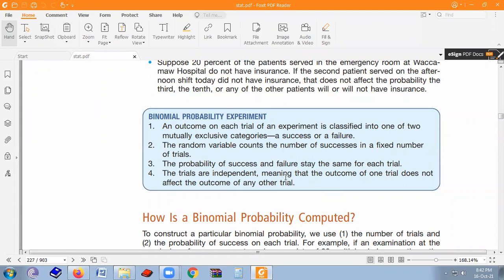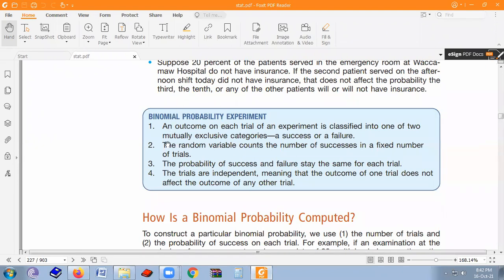That means প্রথমে কয়েন টস করলাম হেড আসলো, এরপর আবার কয়েন টস করলাম হেডও আসতে পারে টেল আসতে পারে। প্রথমে হেড আসছে বলে যে পরে আর হেড আসতে পারবে না এরকম কন্ডিশন নাই। দ্যাটস হোয়াই দিস ট্রায়ালস আর কল্ড ইন্ডিপেন্ডেন্ট। হ্যাঁ, যে একজন স্টুডেন্টকে নিলাম সে মেল হতে পারে, ফিমেল হতে পারে, আবার একজন স্টুডেন্টকে নিলাম সে মেল হতে পারে, ফিমেল হতে পারে। যখন আমরা চোখ বন্ধ করে নিব তখন যে কোনোটাই হতে পারে যদি আমরা unbiased নিতে চাই। যাই হোক, so these are the 4 characteristics or properties of binomial probability distribution, so you have to remember.